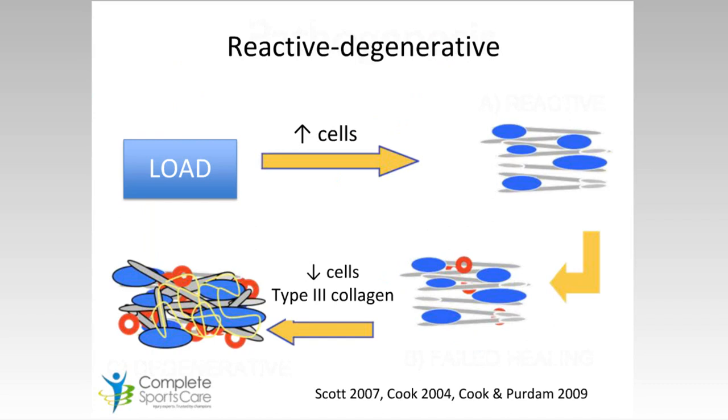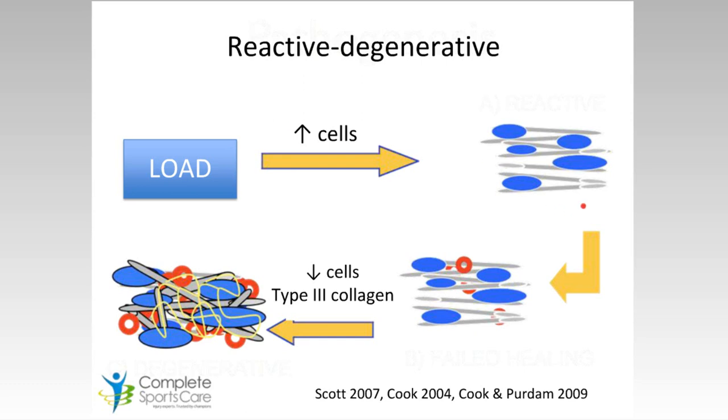So we do have some understanding that perhaps there is a change in how the progression of pathology goes, and I think the reactive-degenerative model from 2008 by Cook and Purdam is a really good way to think about how pathology could be ordinal.